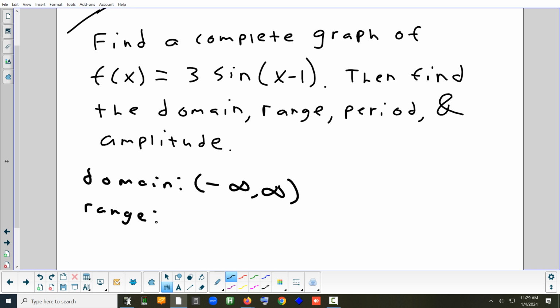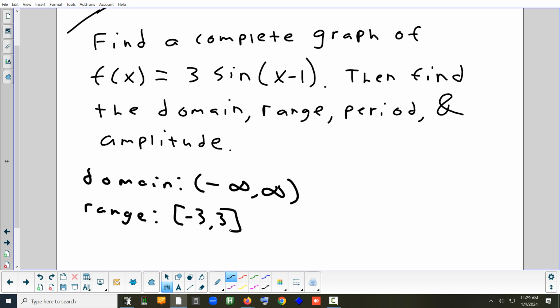Think about what the range would be originally, and then look if there's a vertical stretch or a vertical shift. Those are the only two things that affect the range. Do I have a vertical stretch in this problem? Yes, then I need to do that first. Normally we would go -1 to 1. What's that 3 going to do? Times it by 3. So we're going to go from -3 to 3.